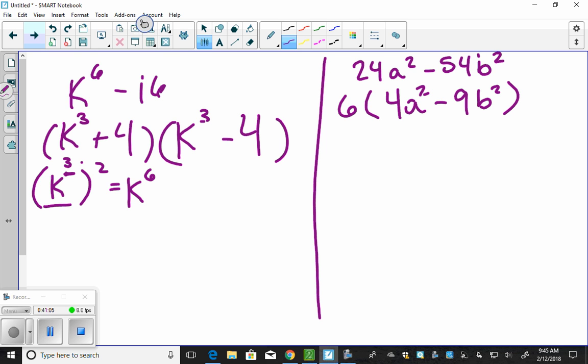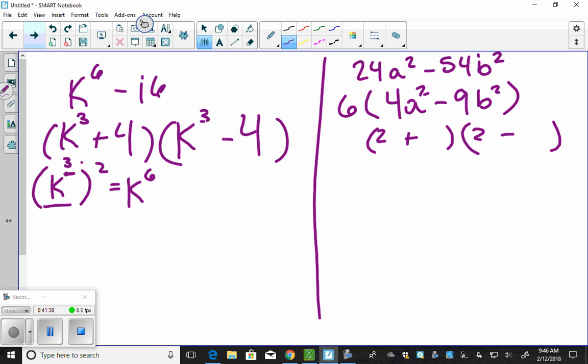It's a multi-step, so that means I have more than one step. Is 4 a perfect square? Is a squared a perfect square? Is 9b squared? So you have a difference of squares. So I'm going to have my two sets of parentheses with plus or minus in the middle. What number can I square to get 4? 2 goes in front.